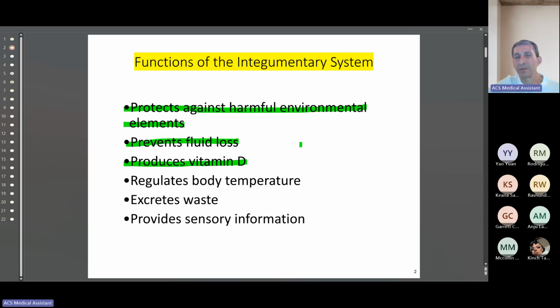That's how it works. So one of the questions for the exam will be, okay, where is vitamin D produced? They're not going to say integumentary system, it's going to say the skin. So you're going to look for the skin, because that's where vitamin D is produced.